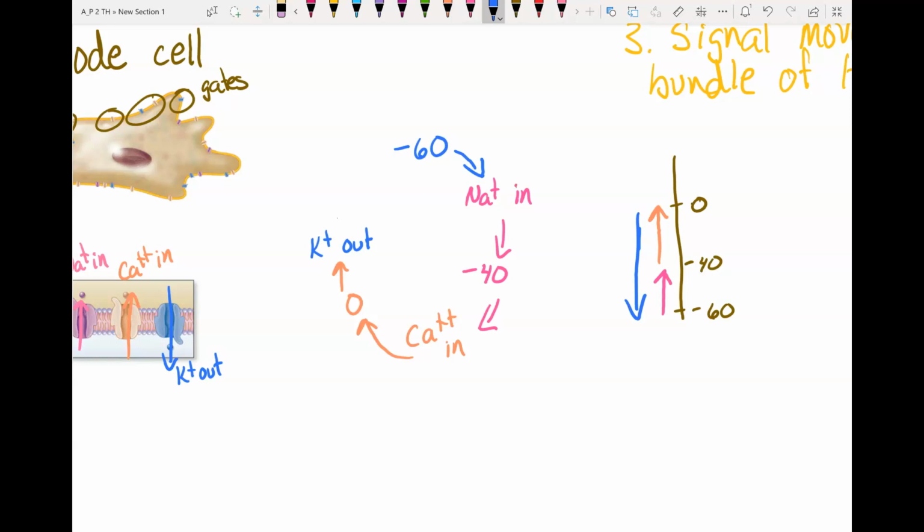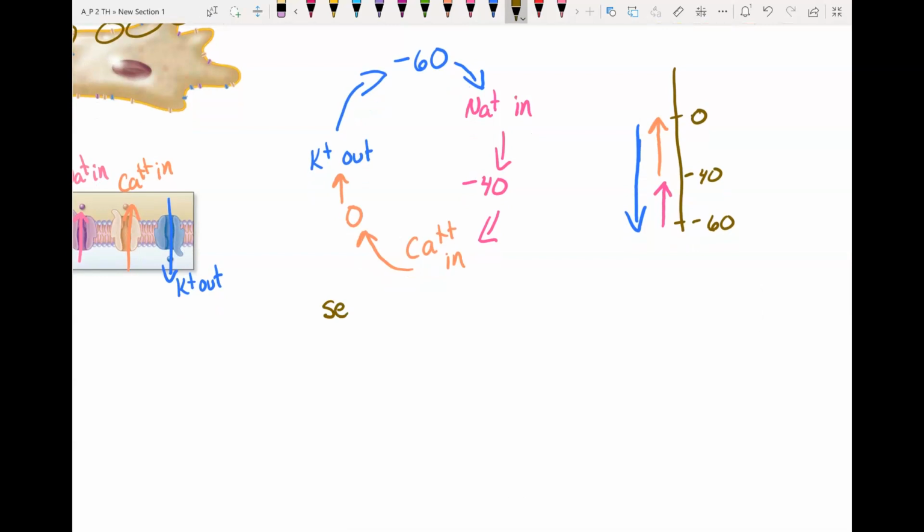And we reduce it back down to -60, which then repeats the cycle. Now that makes the sodium open and you start over again. So this is why the heart is autorhythmic. It's this self-perpetuating cycle. It keeps itself going. The last step, letting potassium out, going to -60, is what causes the first step, letting sodium in.